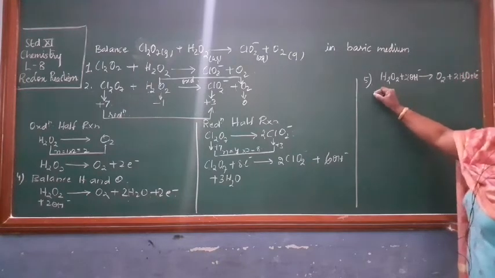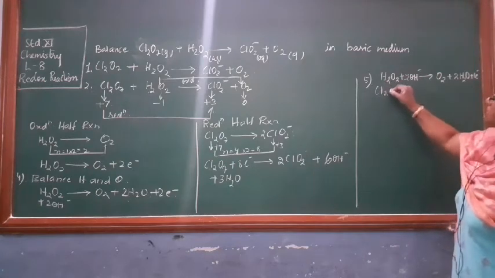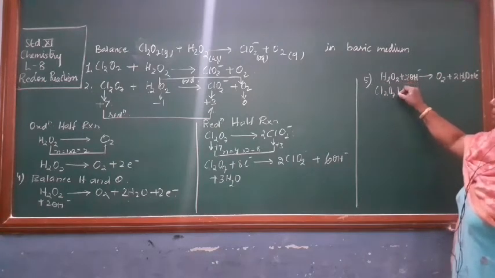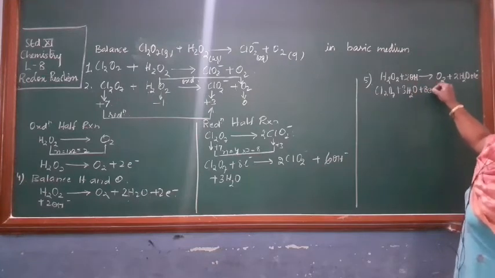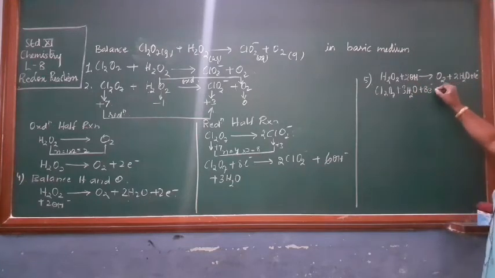Okay. And what is the next one? It is Cl2O7 plus 3H2O plus 8 electrons giving 2ClO2 minus plus 6OH minus.